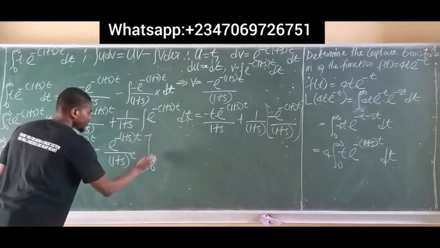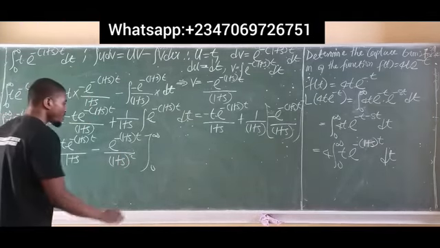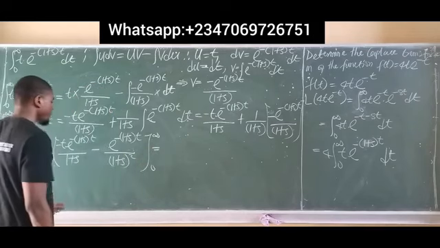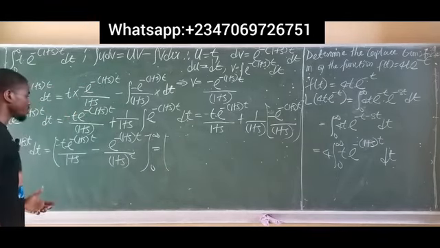So we put in our limit from 0 to infinity. Now, evaluating with the limit, the upper limit comes first. Always upper limit minus lower limit. So let's put in the upper limit. Wherever you see t, you put in the upper limit.